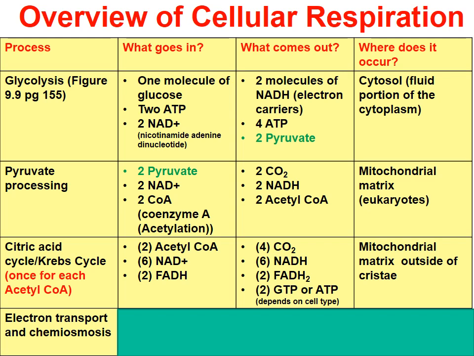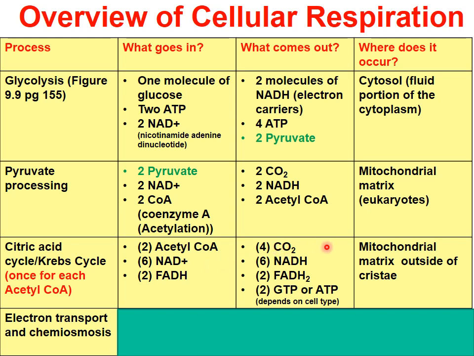So, what have we done so far? We've done the first three stages of cellular respiration, and the most recent one being the Krebs cycle, where we saw 2 acetyl coenzyme A's going in, along with 6 NAD+ and 2 FAD.